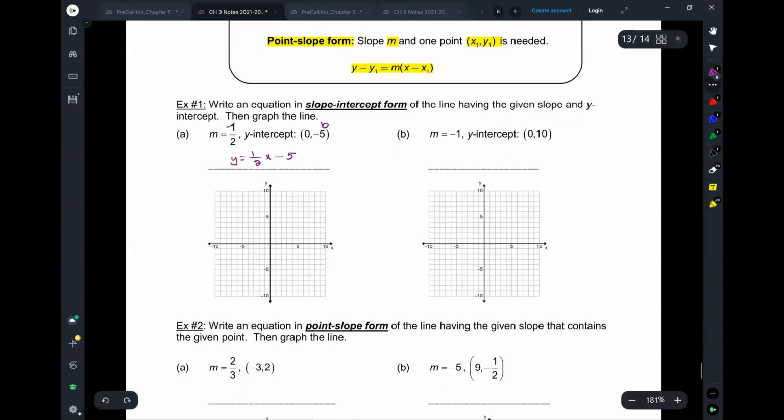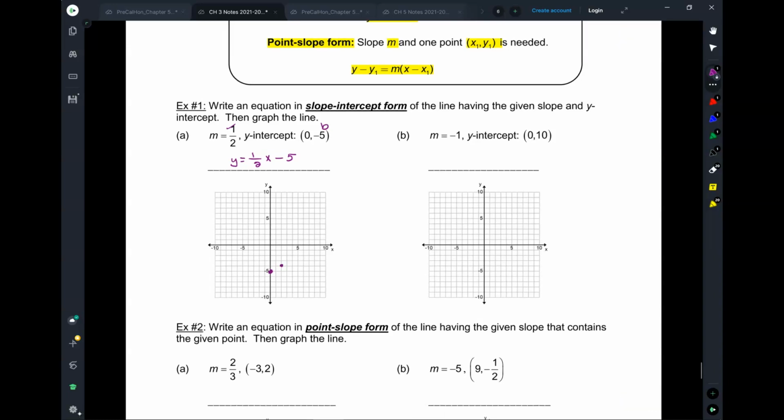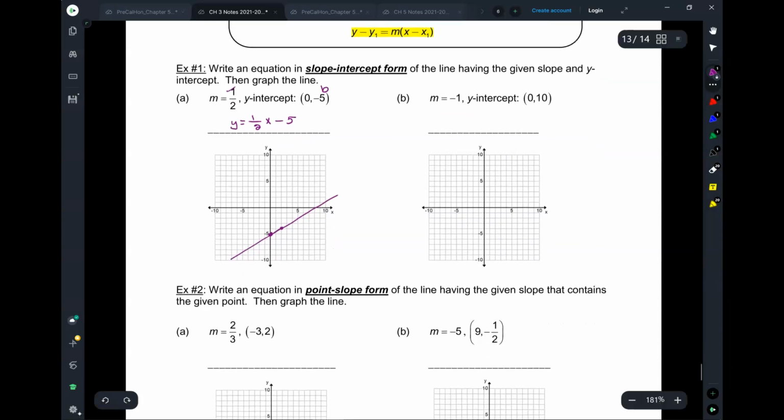Now, to graph this, the y-intercept is -5, so you put a point at -5. And then the slope is up 1/2. Okay, so that's what it looks like. Remember, you gotta use a ruler for your graphs, and you have to do it on graph paper.